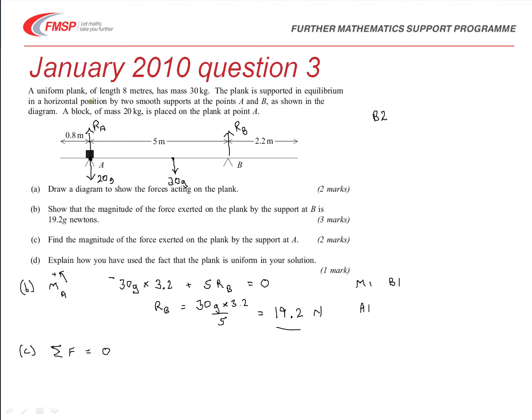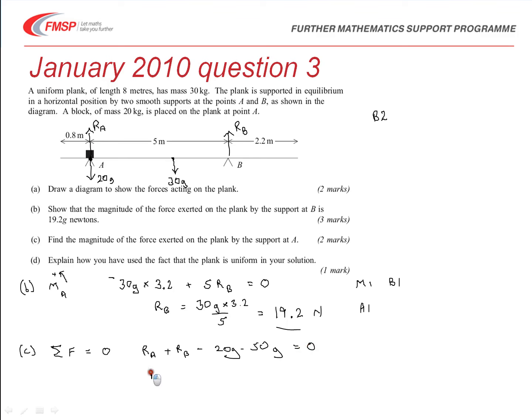Okay, so we know then that RA plus RB minus 20g minus 30g, all those forces must add up to 0.